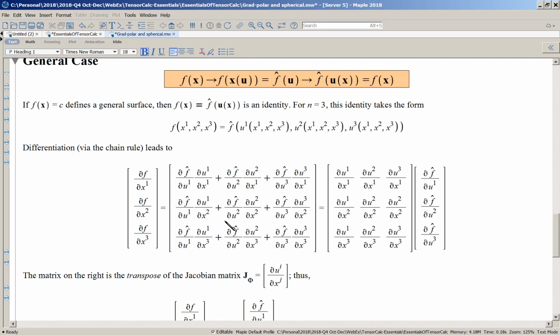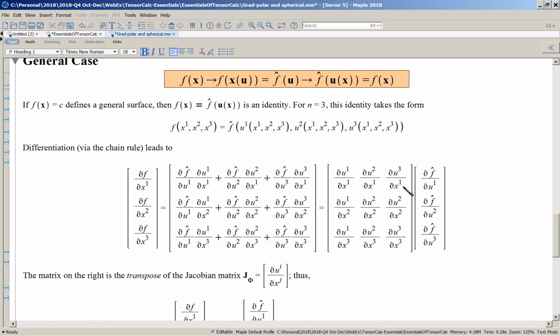Now, these are common. They can be pulled out and written as a matrix times a vector of derivatives on f hat. I wonder if we can recognize this matrix of derivatives, dui dxj.